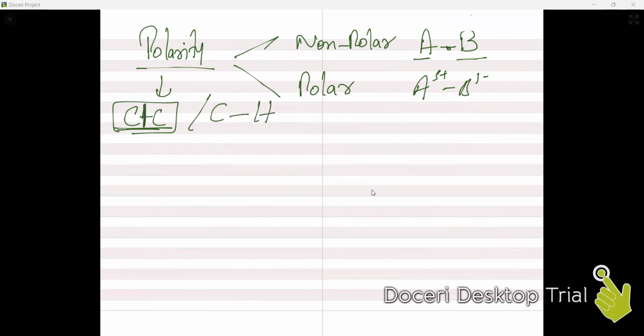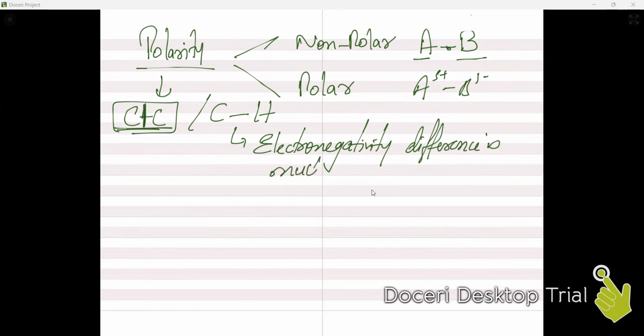And when we are talking about carbon and hydrogen, even in this case the electronegativity difference is much less, which makes it non-polar. And when it becomes non-polar, it does not react.